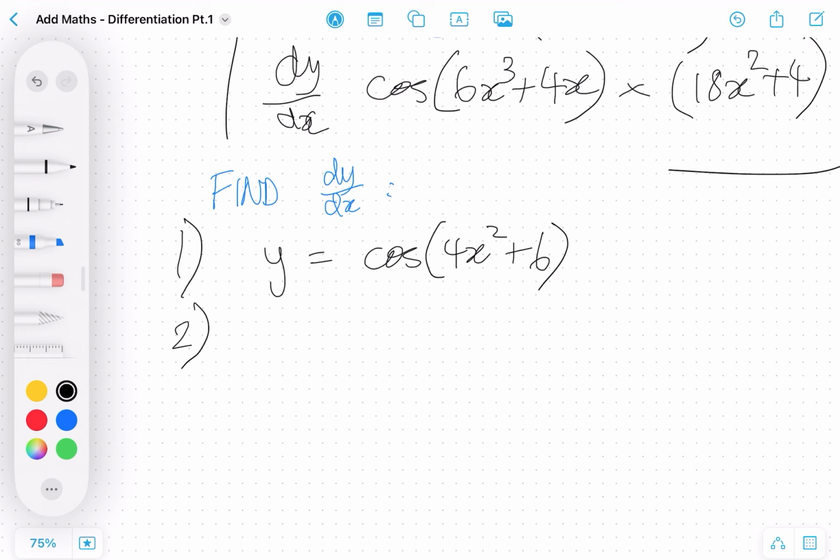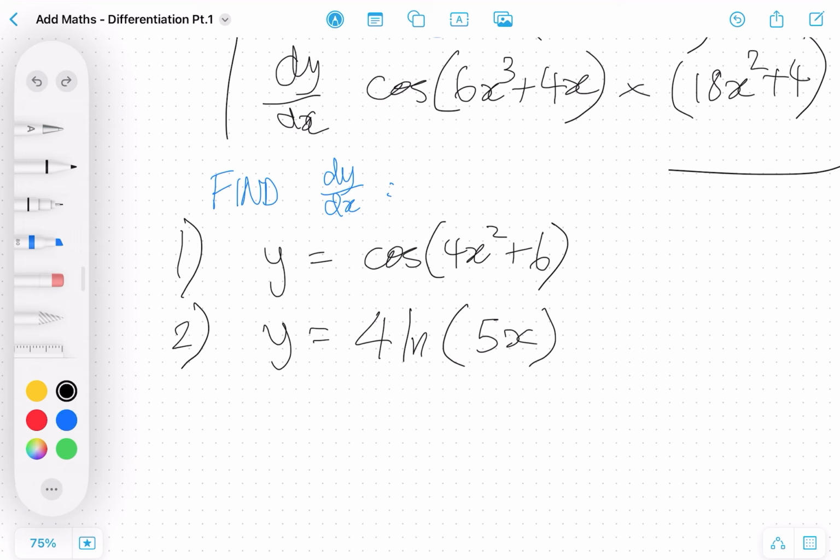Number 2, if y is equal to 4 multiplied by ln of 5x, differentiate that. And remember, if you have a constant in front of a function, you can treat the constant separately.